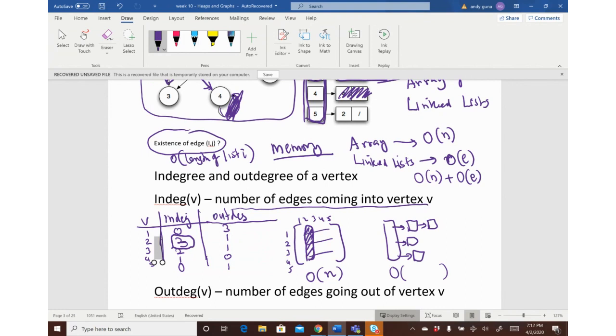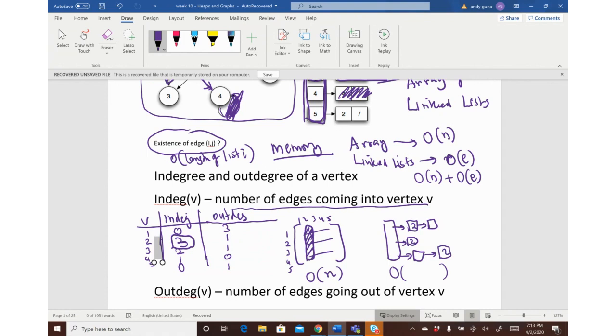So do you think it's easier or harder to find the in-degree in an adjacency list? It's harder, correct. In the adjacency list, you have to go through every list and look for places where you can find a 2.